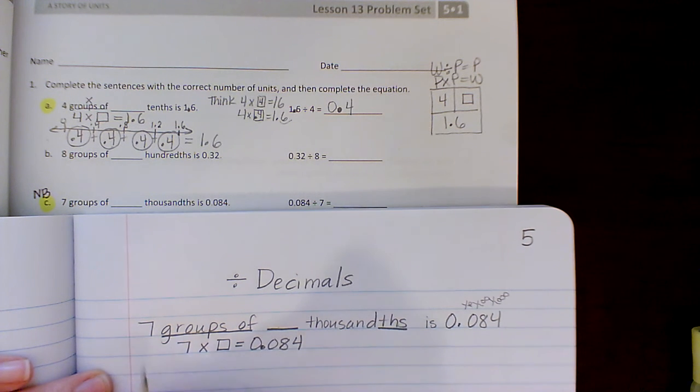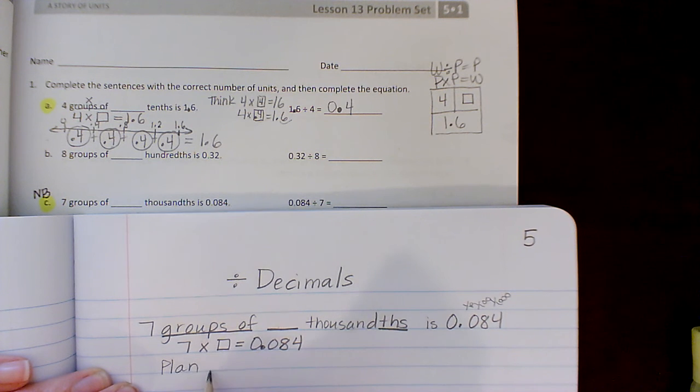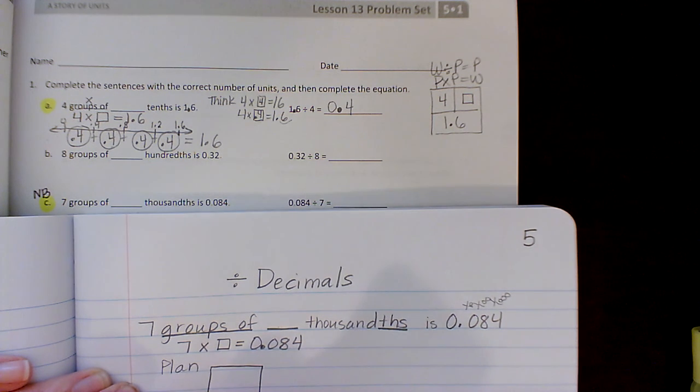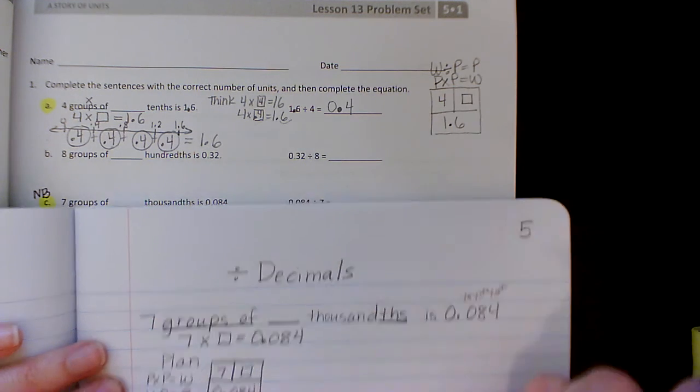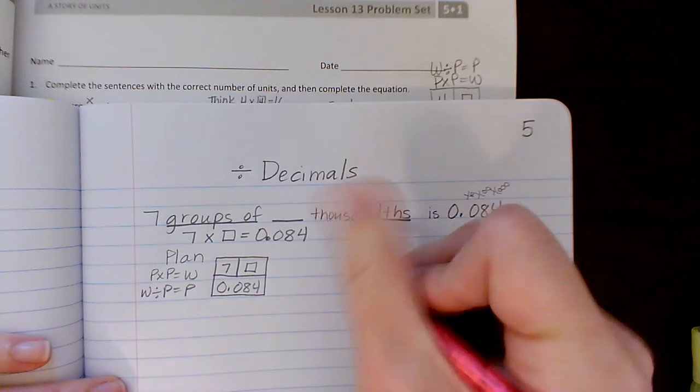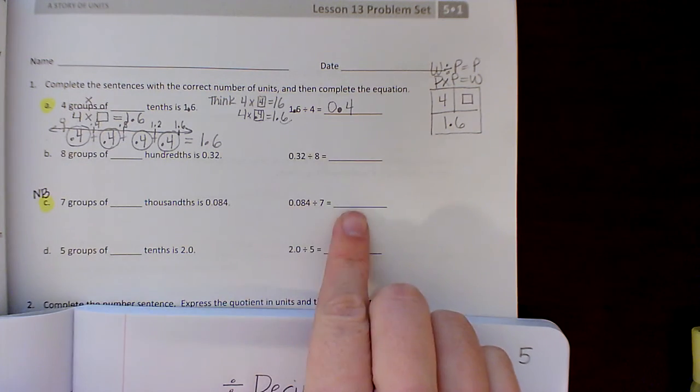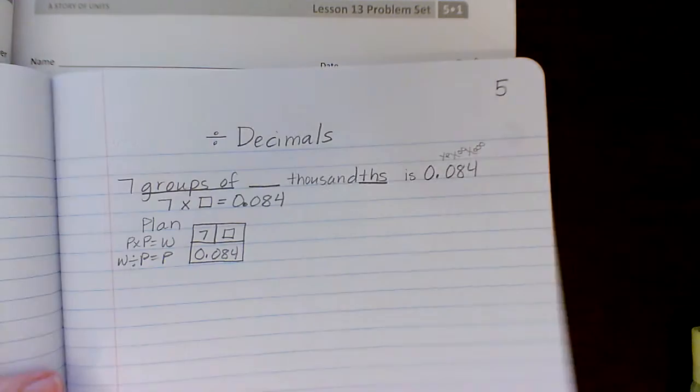My plan to find that unknown using my part-whole box is that part times part equals that whole, so 7 times something equals the whole. If I want to know the unknown part, I take the whole and divide it by the other part.